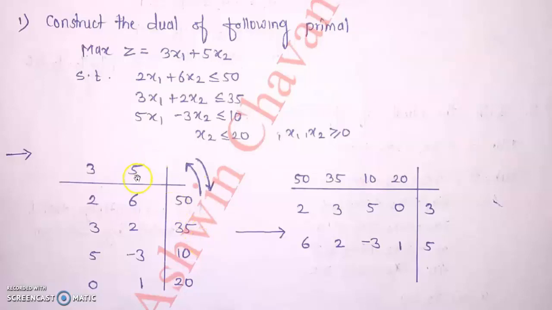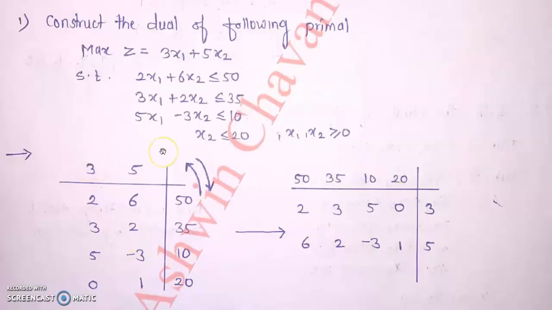So within these two rows and columns we get shuffling, and this matrix which is 4 by 2 we take its transpose, that is 2, 6 is your first row, we have 2, 6 in the result as the first column. Therefore 3, 2, 5, minus 3 and 0, 1 becomes 3, 2, 5, minus 3 and 0, 1, that is all rows become columns.